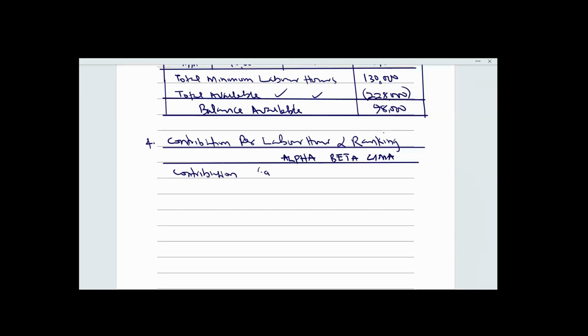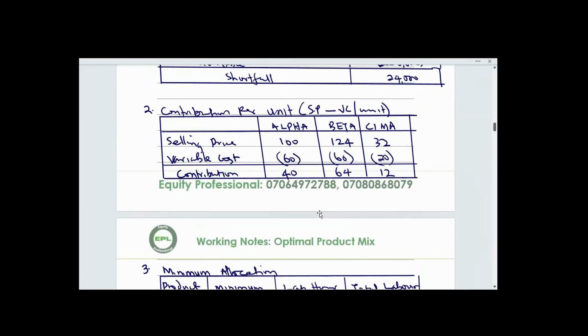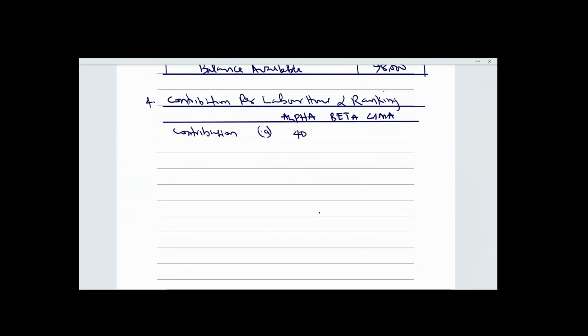Let's say this is A. We calculated contribution to be 40 naira, 64 naira, 12 naira. Then labor hour per unit, which is B.